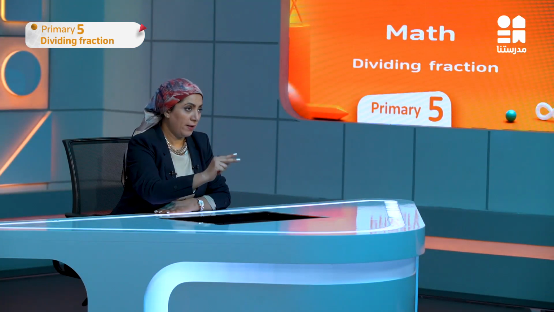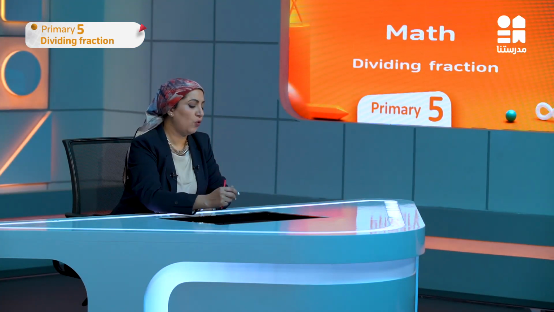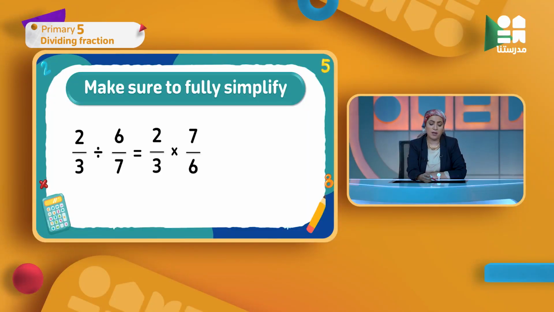So 2/3 stays as it is. The divided is changed into times, and then I invert the last fraction. So on top, the 7 which was in the bottom, I'll put it on top, and the 6 which was on top, I'll put at the bottom. We call it the reciprocal.